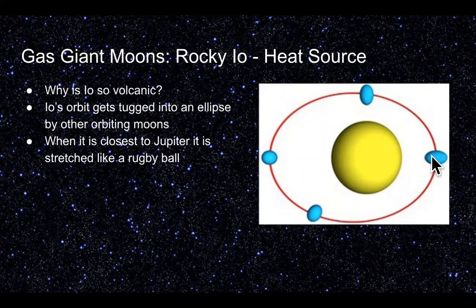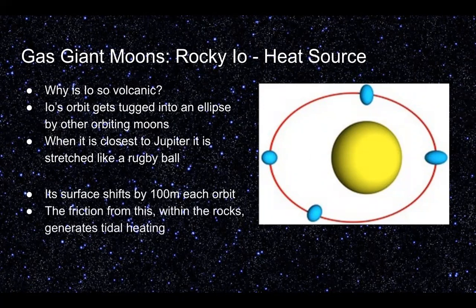Of course, here at the closest point, it's elliptical and it becomes more spherical the further away it gets in its orbit. Its surface shifts by approximately 100 meters each orbit, and the friction from that generates enormous amounts of heat. And that's the tidal heating that is the source of the volcanism on Io.